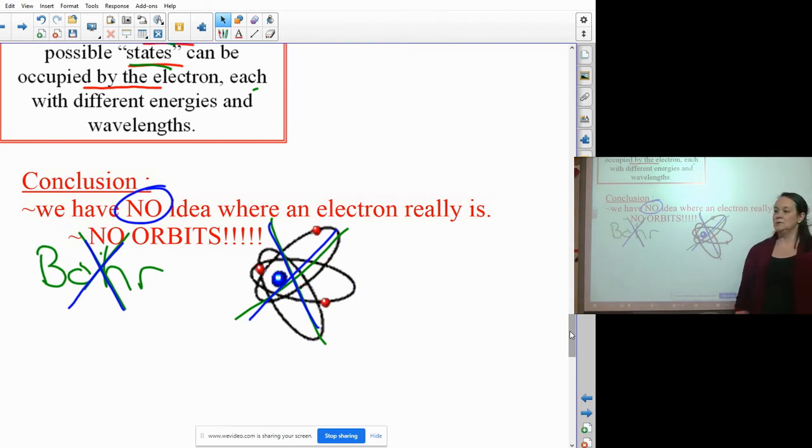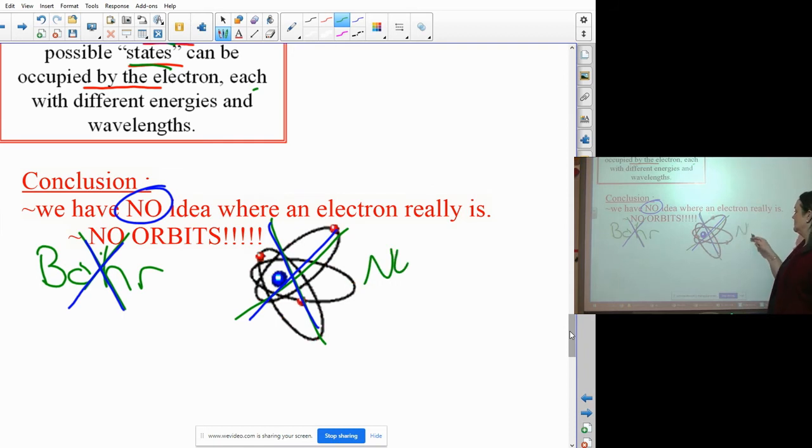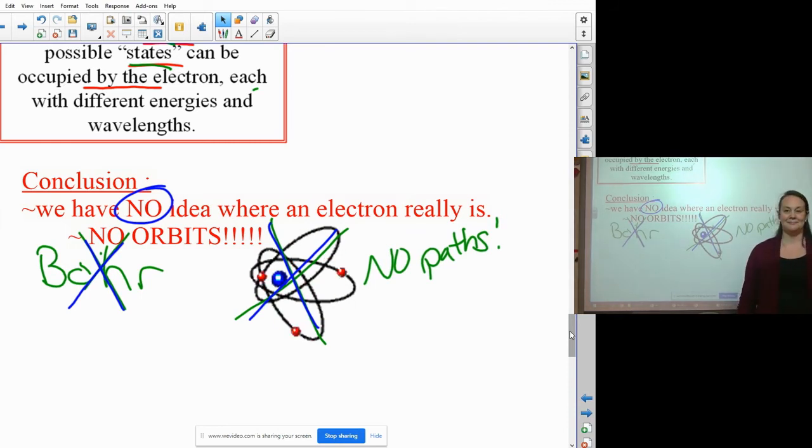Okay. So Schrödinger's big help is that he concluded that there are no predictable paths. All right. So what does that mean?